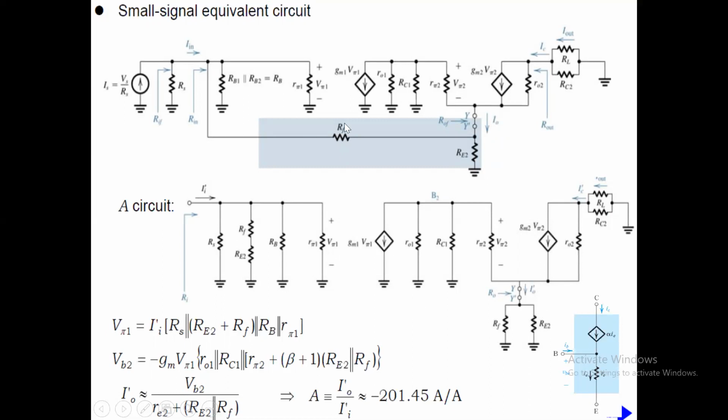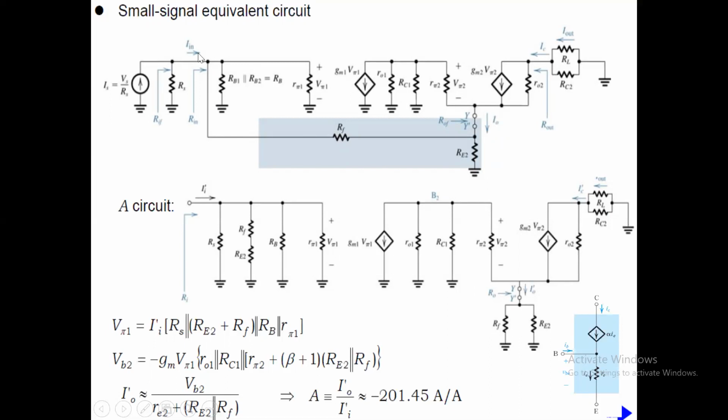Rather, when we are trying to find the output side, then this source should be open circuited, so RF should come in series with the parallel combination of all these three. But the parallel combination of all these three might be much less than the value of RF, hence that might have been neglected in the circuit.